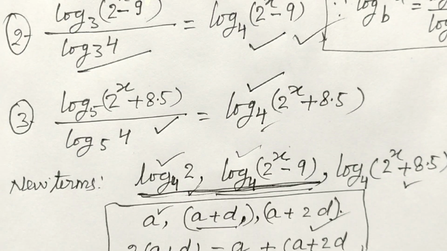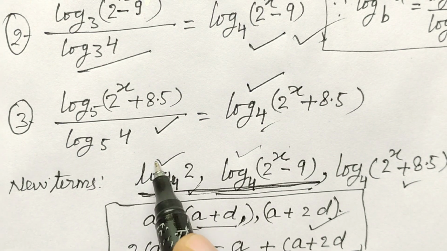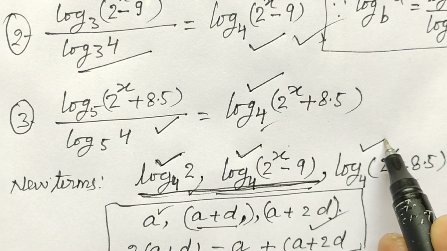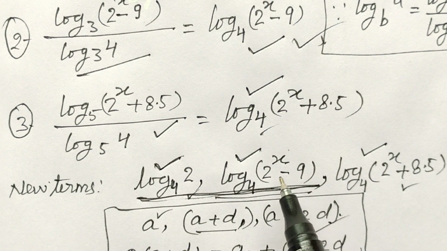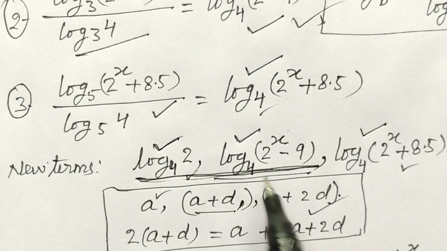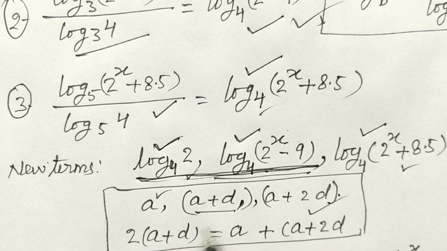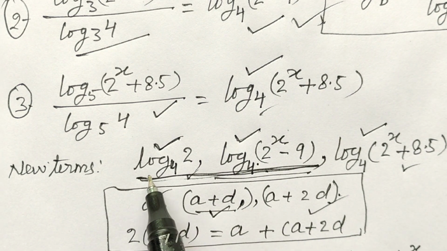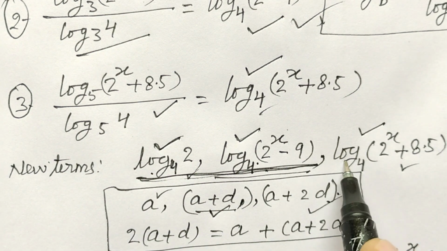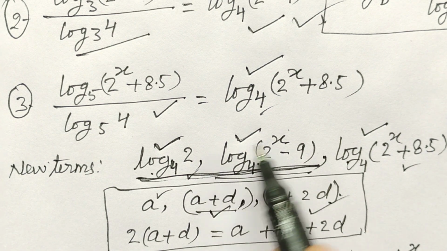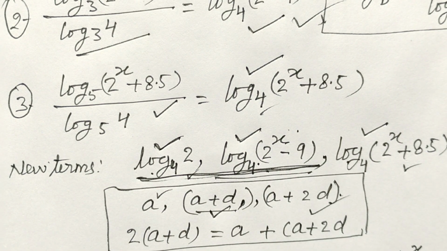Then we made a new series, with its first, second and third terms. Then we find the common difference, as we know the second term will be double of the first plus third. In such a way we can find the common difference of the given series. Okay friends, thank you.